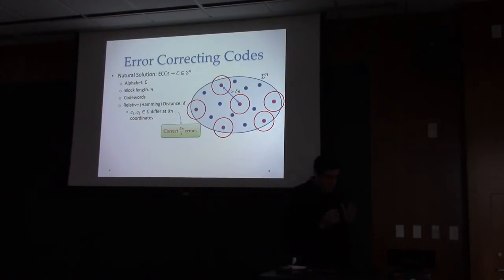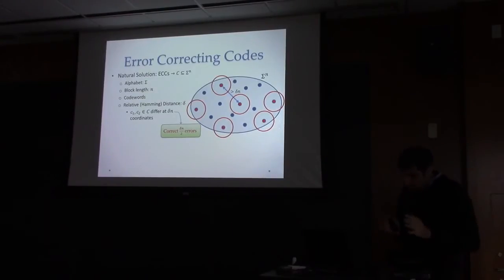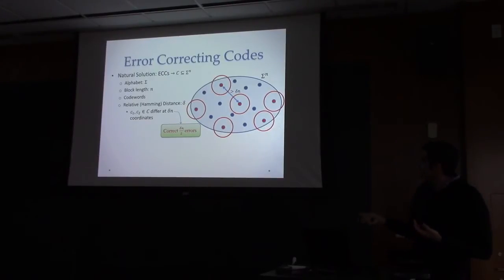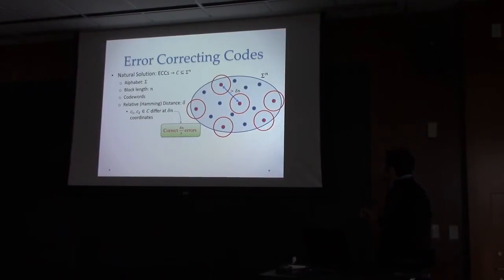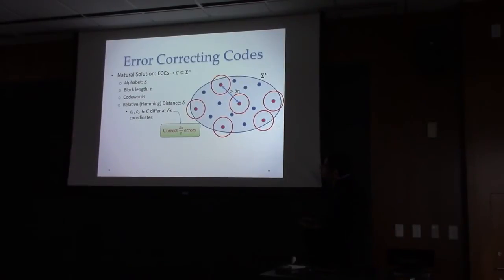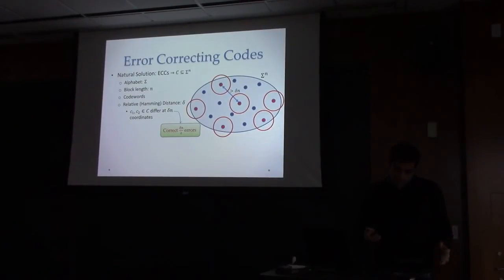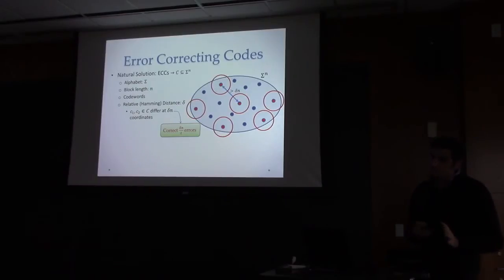I mean, if the adversary is guaranteed to change less than delta n over 2 many symbols, Bob can always understand what Alice was supposed to say.